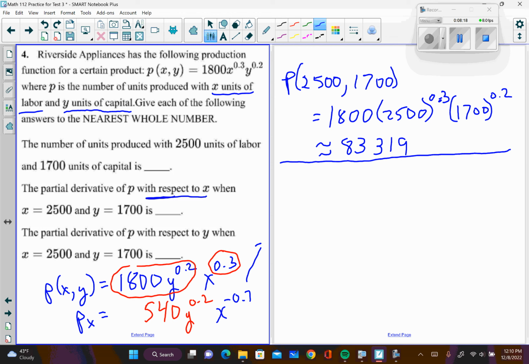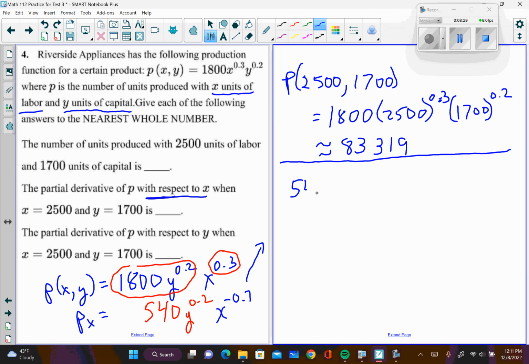So up here, we're going to find the partial derivative of p with respect to x when x is 2,500. So it's 540 times, oh, and the y is 1,700. So it's 1,700 to the 0.2. And next to that, we have x, which is 2,500, raised to the negative 0.7.